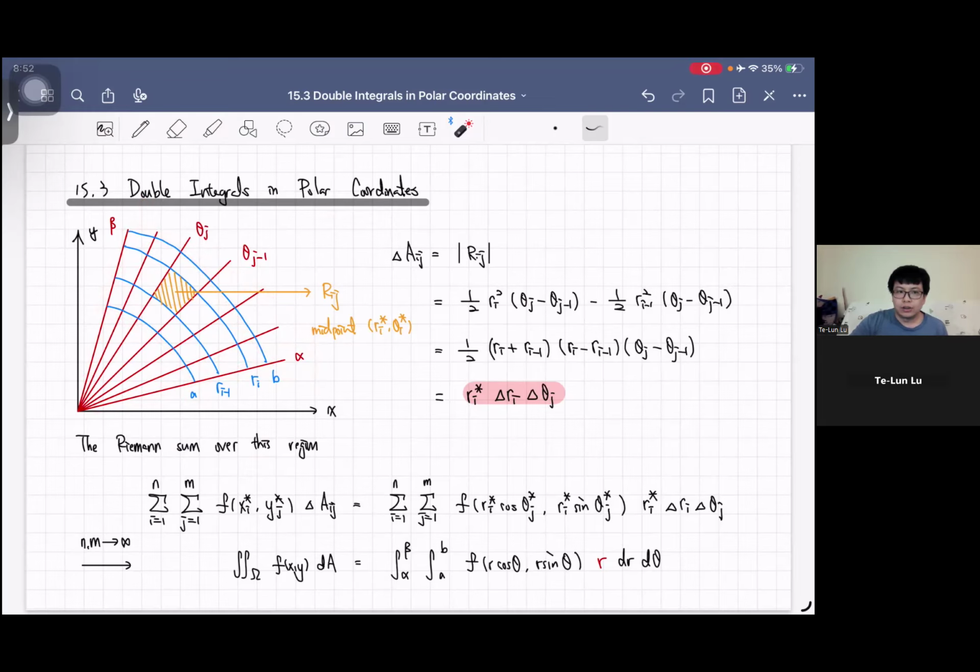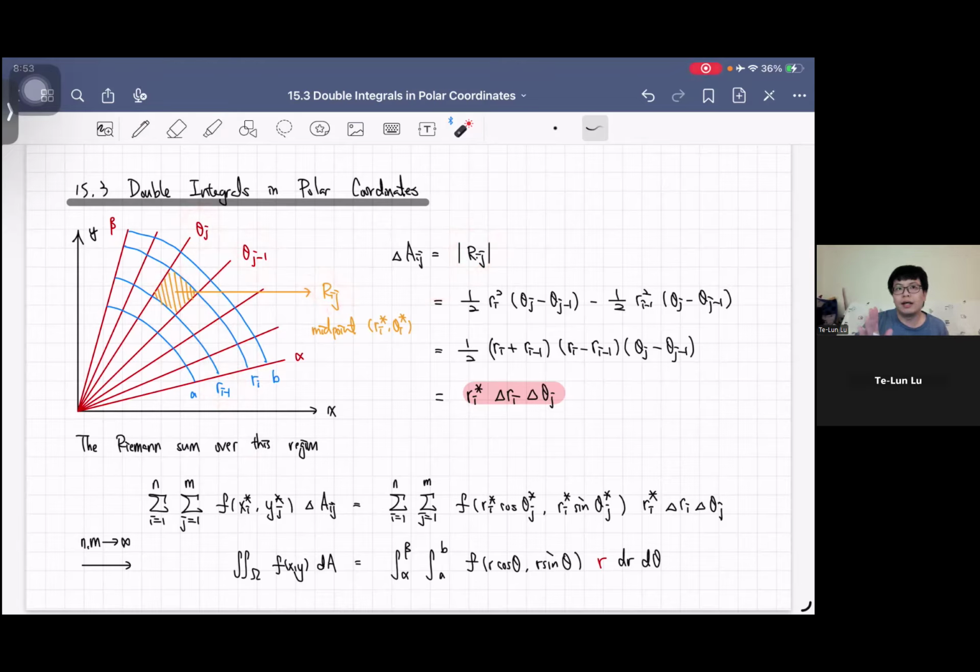The first task is to estimate the small area after chopping the large area. In this case, we denote it by Rij, where i corresponds to the radius region, r_{i-1} to r_i, and j denotes the angle region, theta_{j-1} to theta_j. The area for this Rij is given in this format.